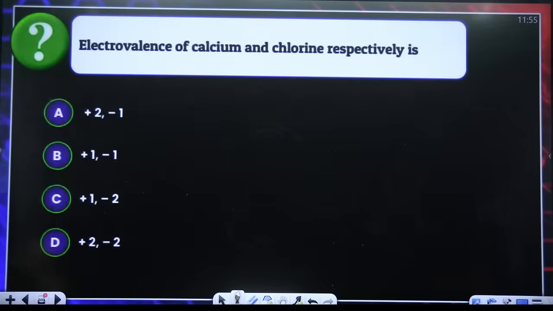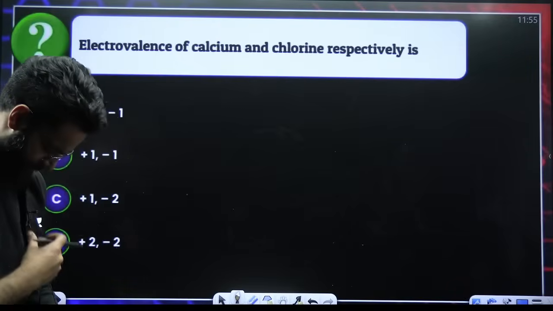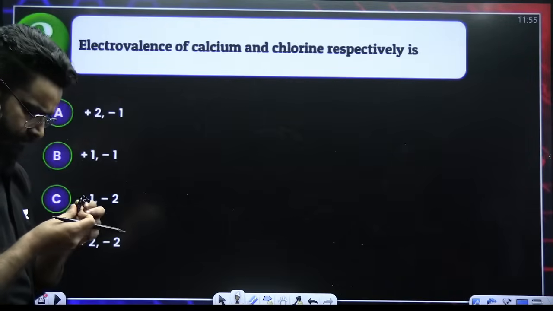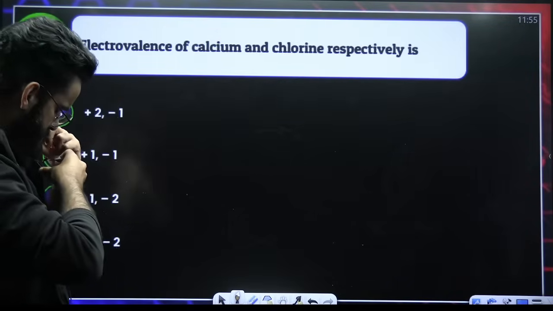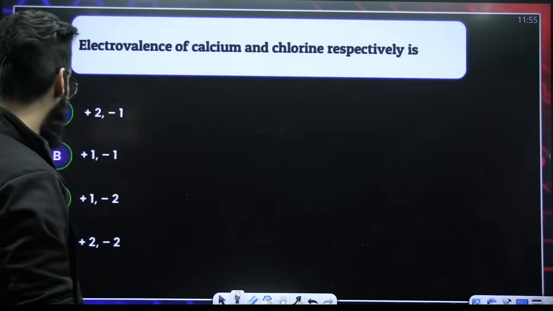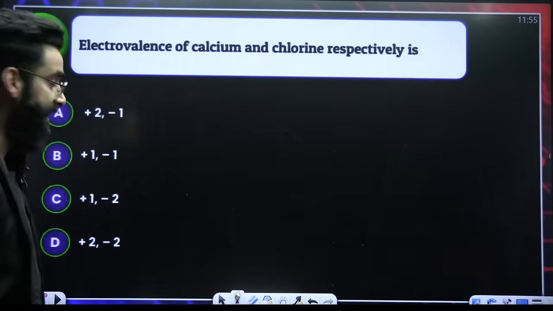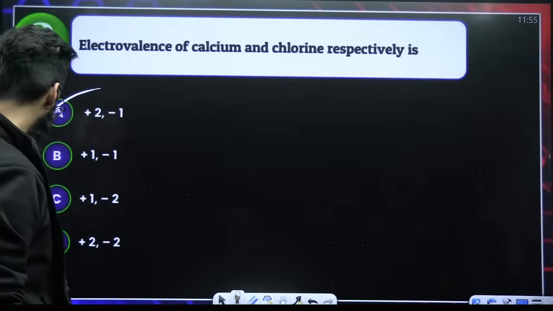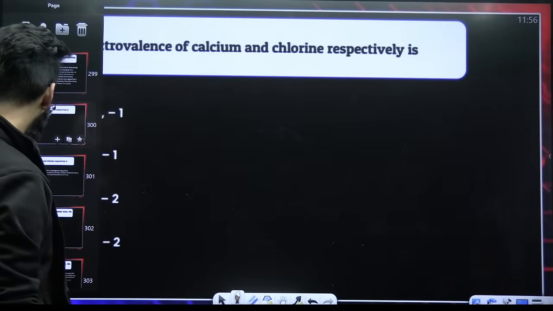Chlorine, group 17, 7 electrons in its outermost shell. Calcium is group 2, so it will show +2. Chlorine is group 17, it will show -1. So +2 and -1 is the answer.